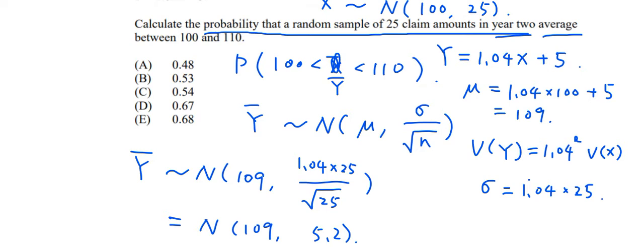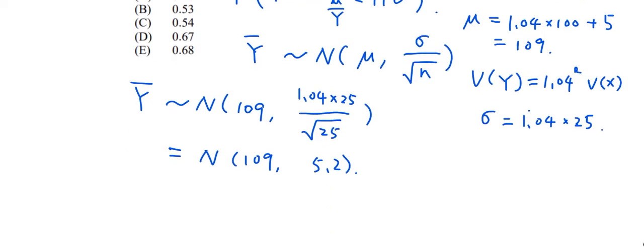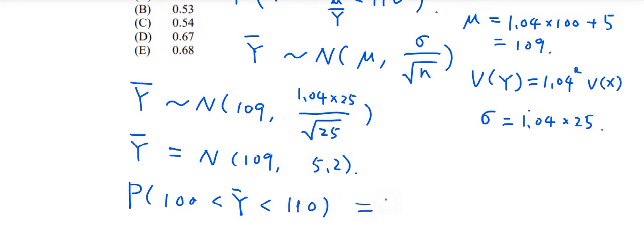So now this problem becomes: y bar follows this normal distribution, then find the probability. That's easy, right? So this is less than 101, 110. This is just changing to the standard normal.